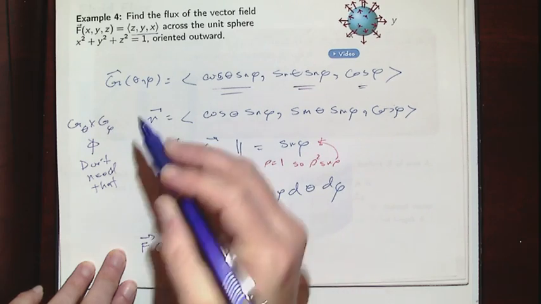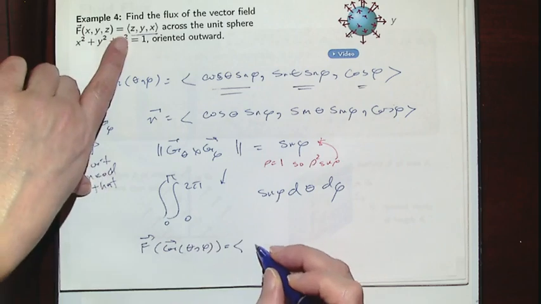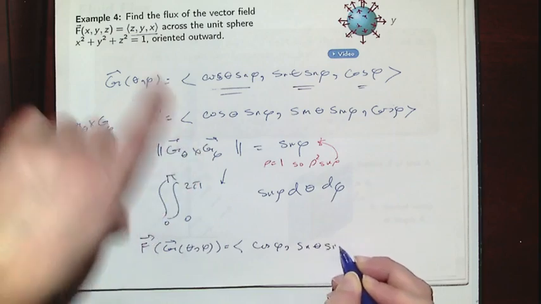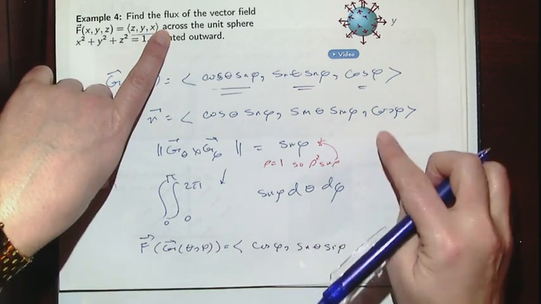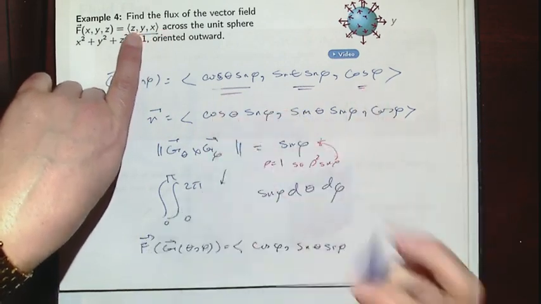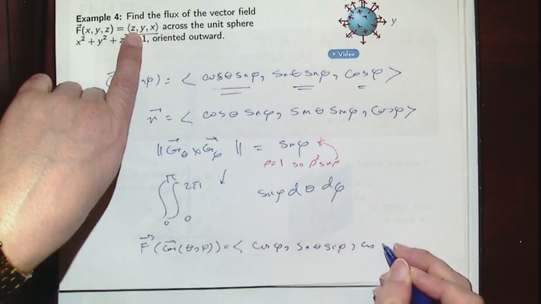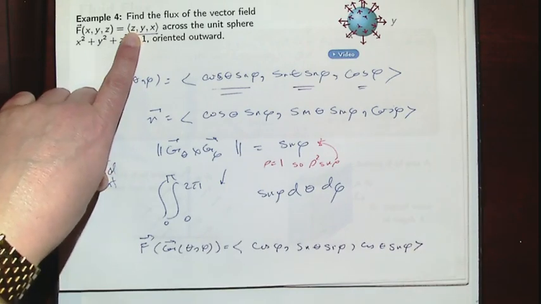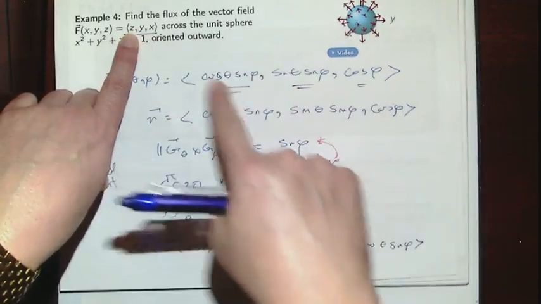This is going to be cosine phi, and then sine theta sine phi, then cosine theta sine phi. Agreed? I'm just replacing this for z, that for y, this for x.